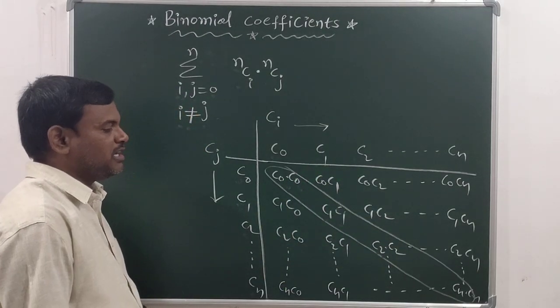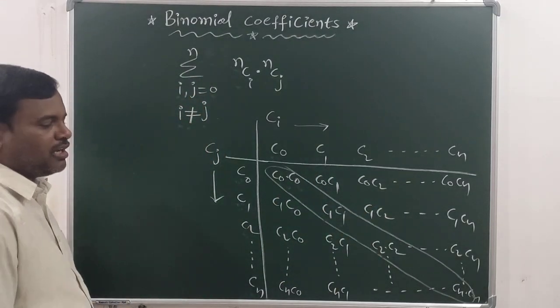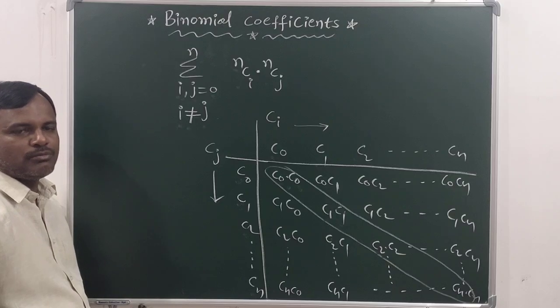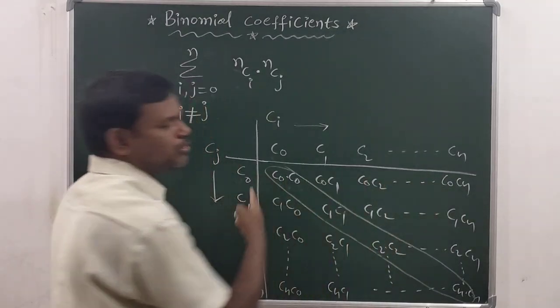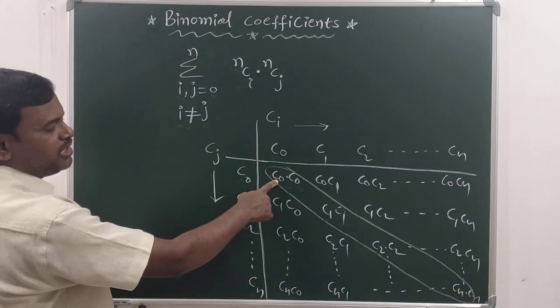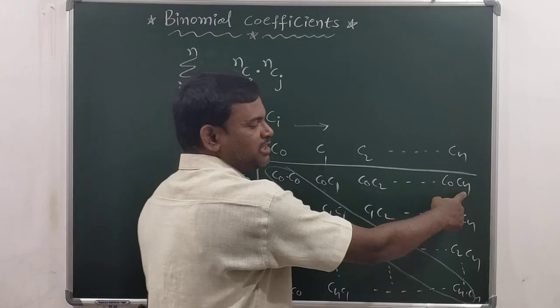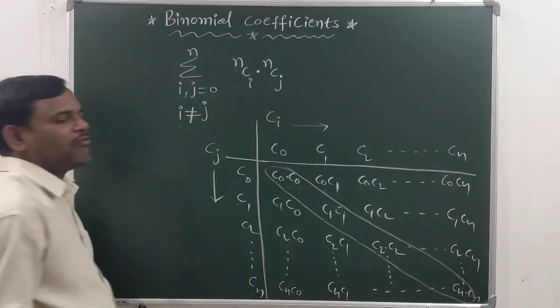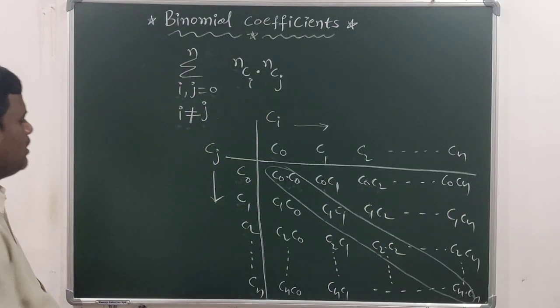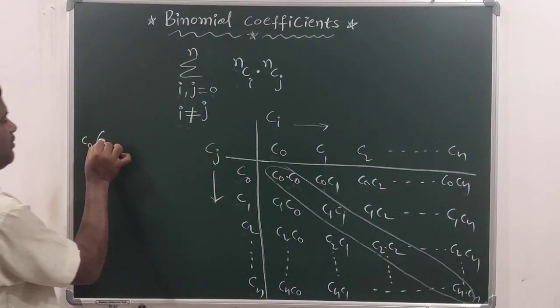First, let us find the sum of all these possibilities. See how I am going to find it. First I want to add the first row. Observe the first row: C0 C0, C0 C1, C0 C2, C0 Cn. From all of them, what can I take common? C0 you can take common. If I take C0 common, what is left?